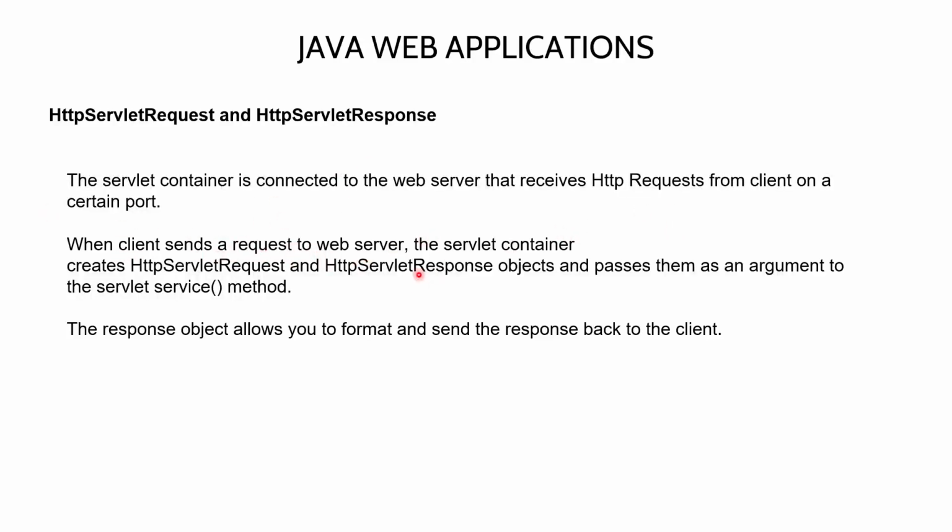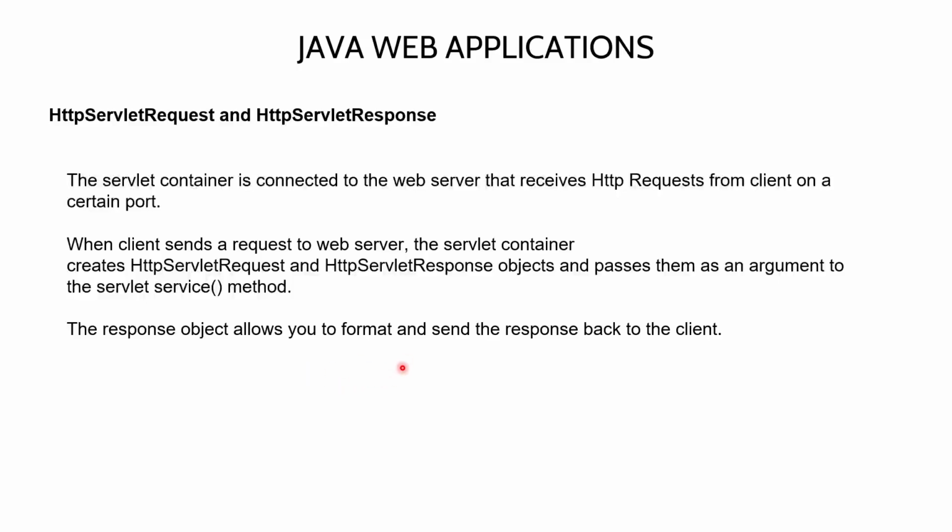When the client sends the request to the web server that the servlet is listening on, the servlet container creates HttpServletRequest and response objects and passes them as arguments to the servlet service method.